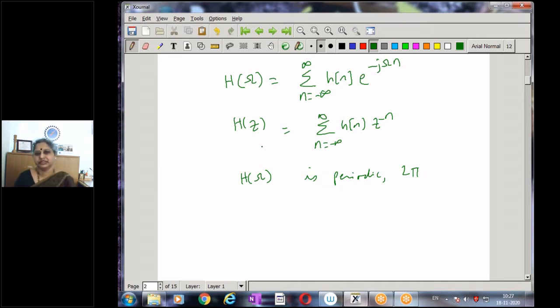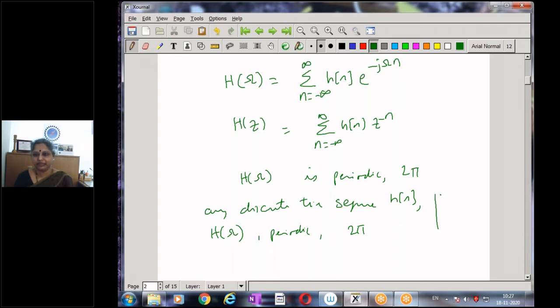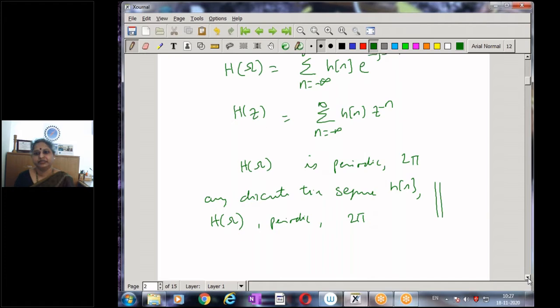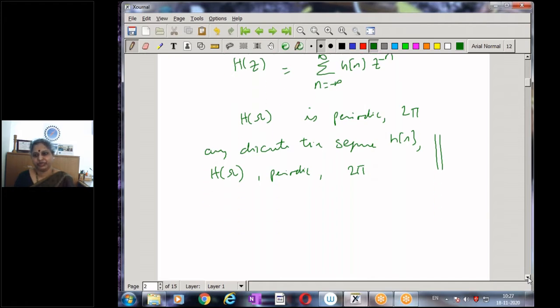So for any discrete time sequence h of n, if we compute the frequency response of the system H of omega, it is periodic, and the period is 2 pi. This is applicable for all discrete time sequences. When I move from the time domain to the frequency domain, this becomes an important property now.